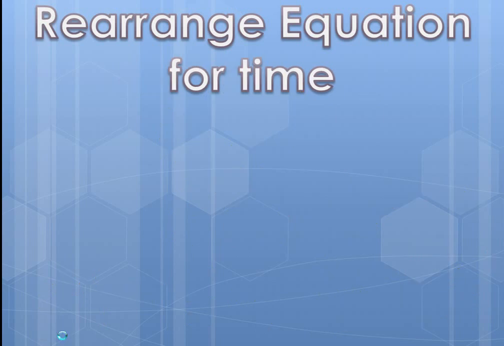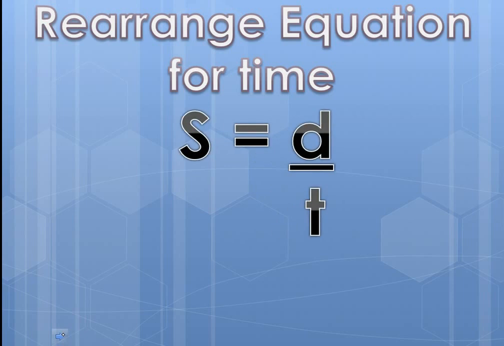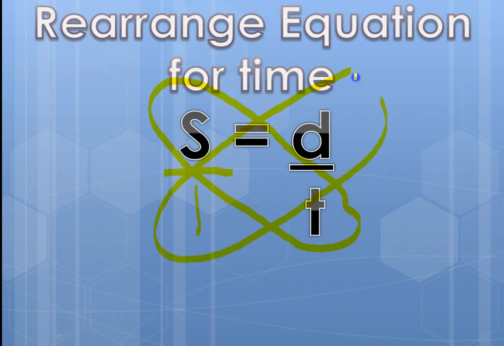So the equation for time, we're going to do the exact same thing. So you can, again, put this over 1 and cross multiply. So we just did this, right? We did this times this, and this times this. So I'm going to go ahead and do that. Okay, so distance times 1 equals speed times t. But that doesn't give us, we need time by itself, right? So that's our goal.